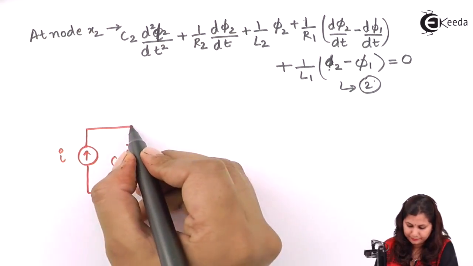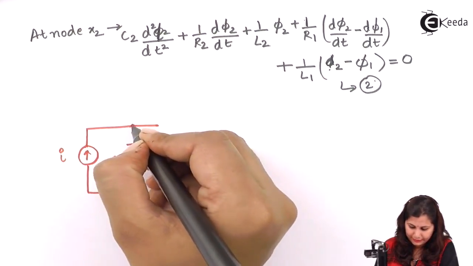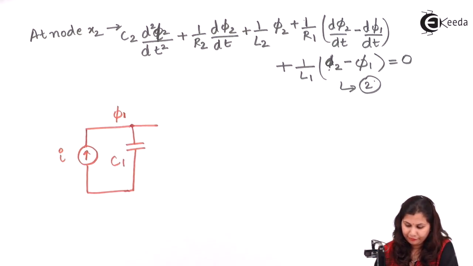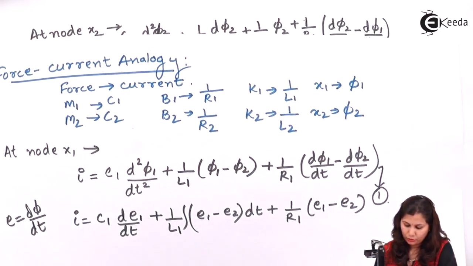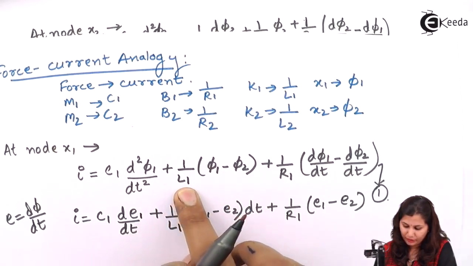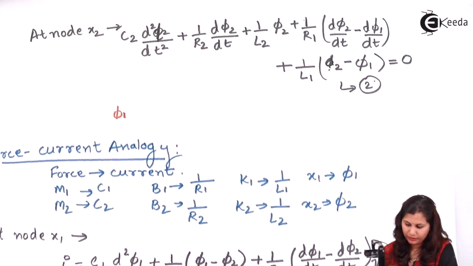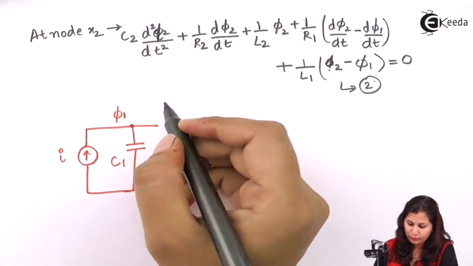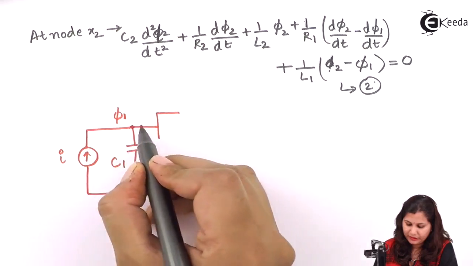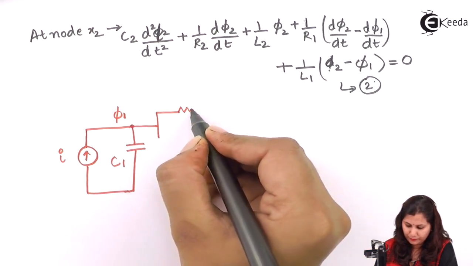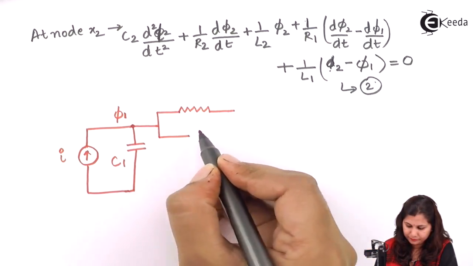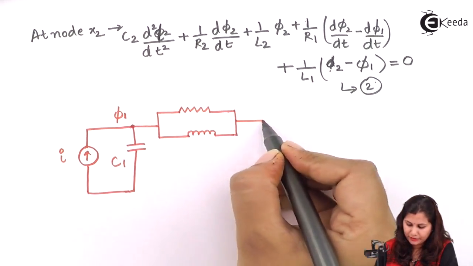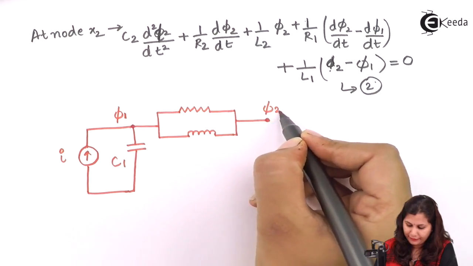This is I, and here we are having this phi1. Okay, now we have phi2. So phi2 will be associated with L1 also, R1 also. Okay, so L1, R1, they will be connected between the phi1 and the phi2. So we will have a parallel combination here. This is phi2.